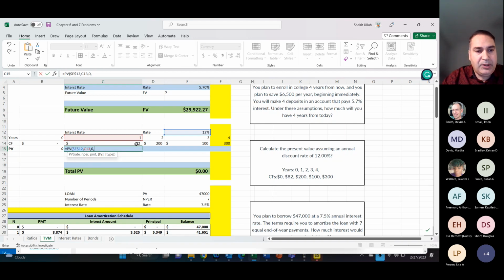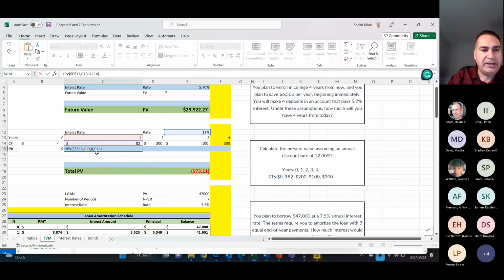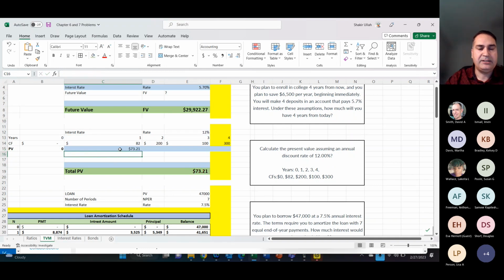Okay. And that is what we want to find the present value for. And it's the ordinary annuity type, so you can either type 0 or just ignore it and close the parenthesis. It gives you the value. It's a negative value, reason being that the 82 is positive. If you want to make that change, let's make that future value in the formula a negative number, and we get it as a positive.